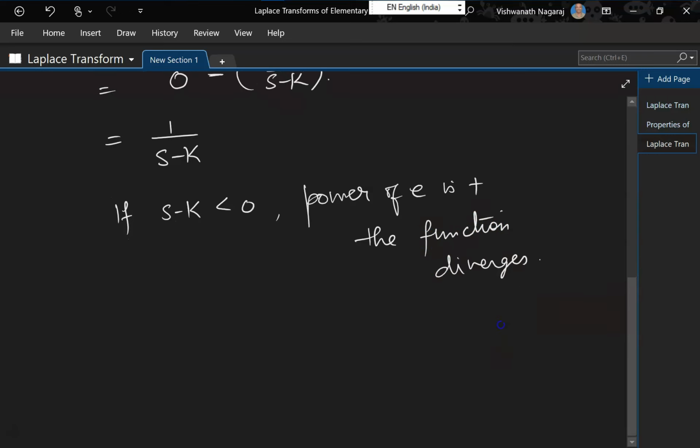Since the function diverges, it goes to infinity and we can't really do anything. So the integral also diverges.